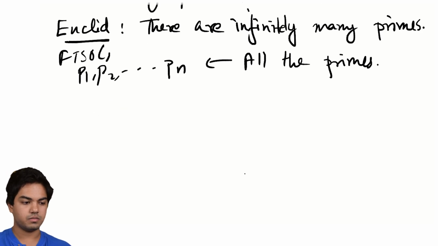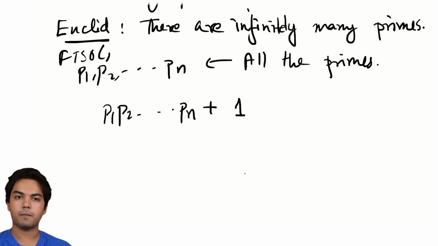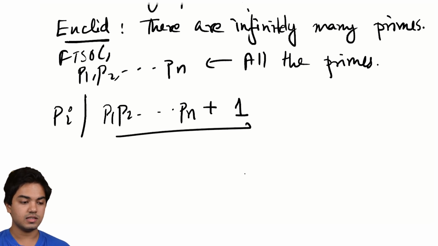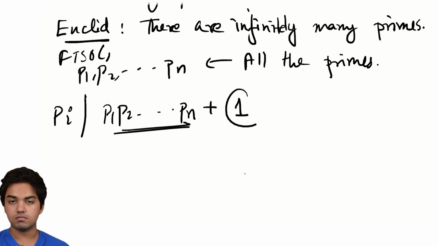Consider the number P1 times P2, all the way up to Pn, plus 1. Can any of the primes P1 to Pn divide it? Say Pi. If Pi divided this number, since Pi divides the product, it will also have to divide 1, right? Two multiples of a number must be at least that number away.